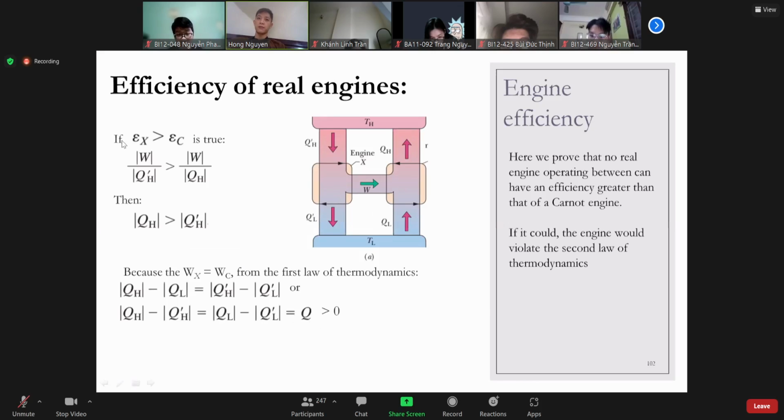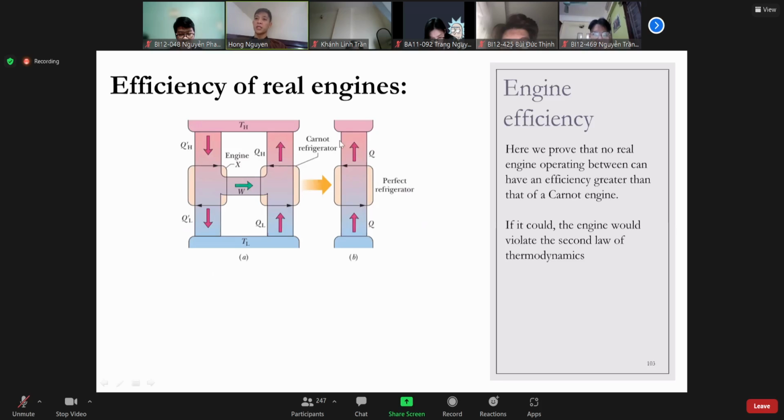If we have this claim, and because we do not need to provide more work to our refrigerator, our refrigerator can work as a perfect refrigerator.